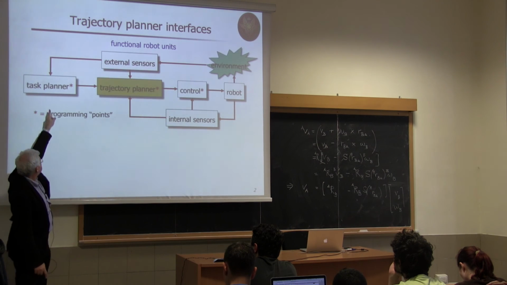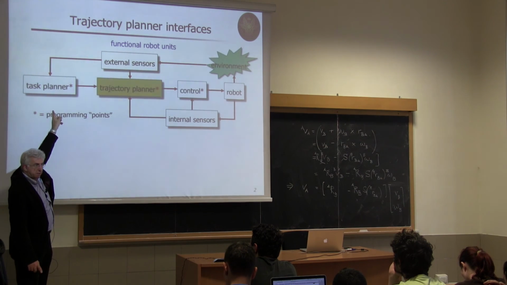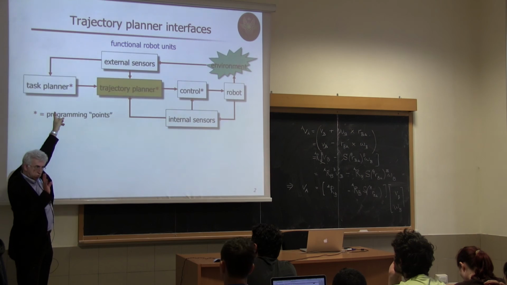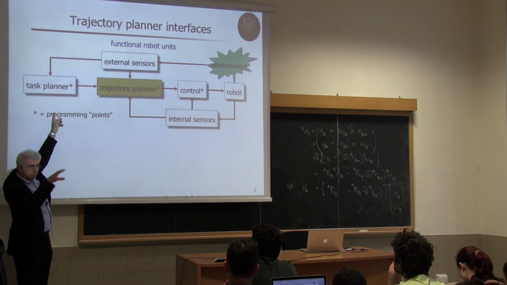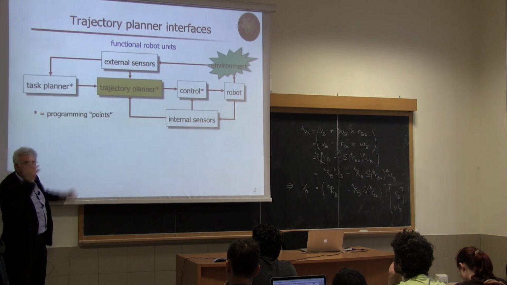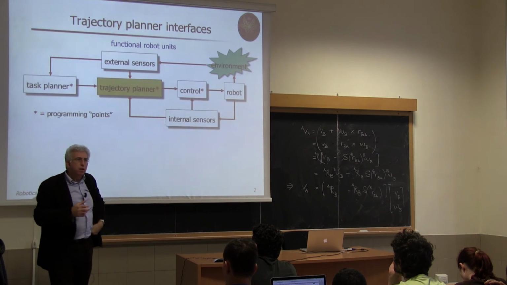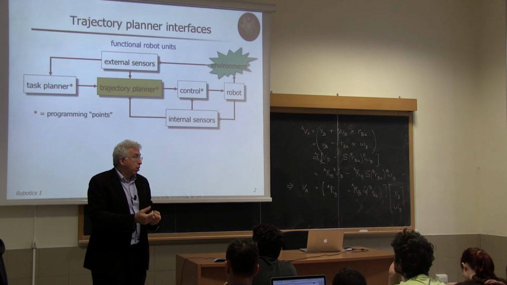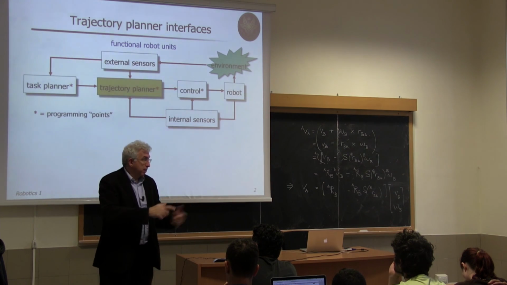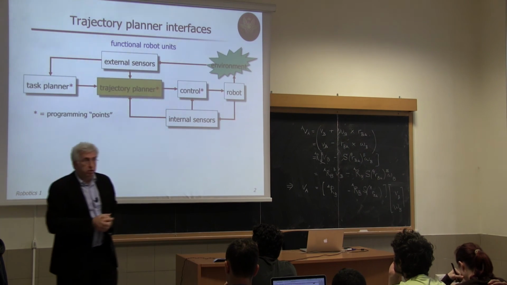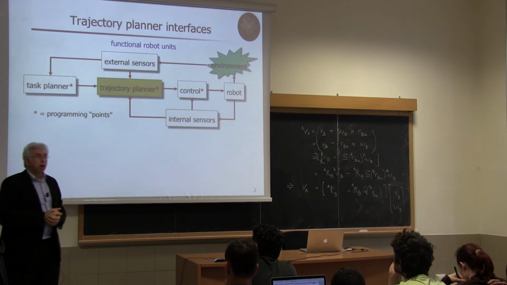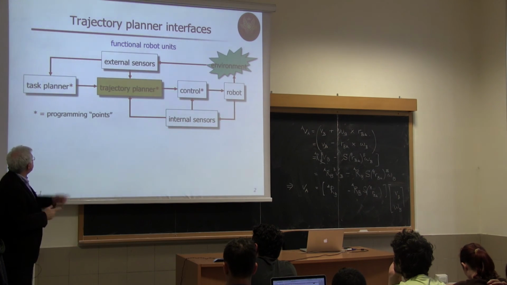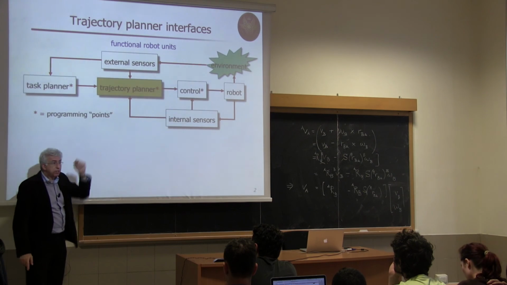And this is part of the task planner. This could be automatic if we are reasoning about the environment and whatever mission the robot needs to complete, or it's just part of the operators specifying where it should go and where it should place the objects. Okay? Now, the task planner is the input for the trajectory planner.